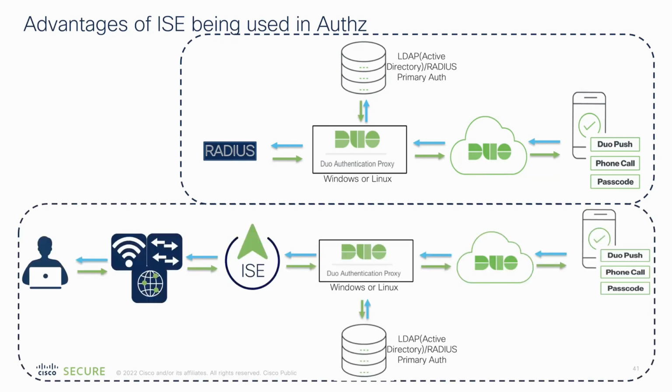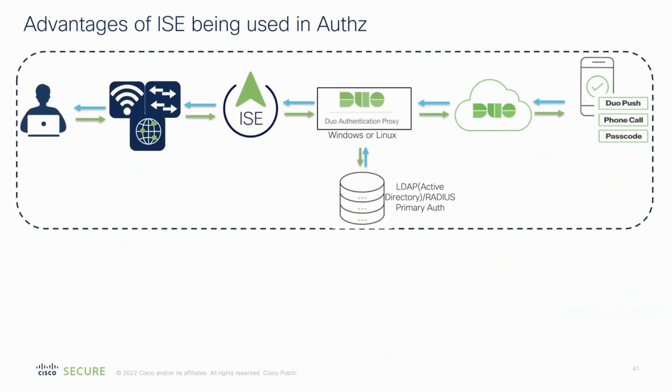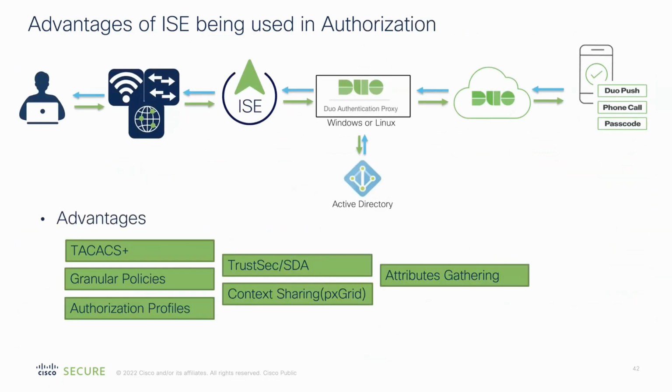But the beauty and the advantage of ISE being used in this process is that you're going to get the advantage of TACACS granular policies, instead of sending it to the Duo Authentication Proxy, which is validating the authentication sources. If we use ISE, you're going to get the advantages of TACACS granular policies and authorization profiles, like you can define VLAN enforcers, SGT enforcers, ACL, DACL, and so on and so forth with the power of ISE.